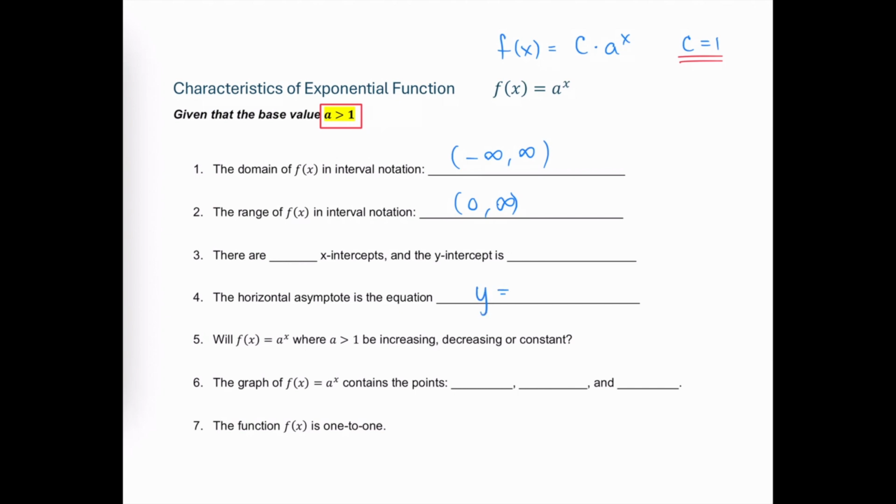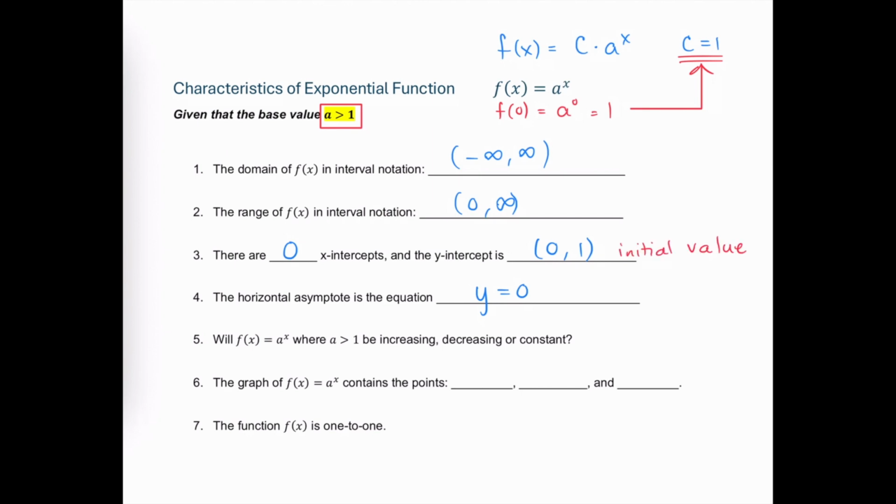Remember, the horizontal asymptote was y is equal to 0, and then the graph was increasing from that point. We didn't have any x-intercepts, and the y-intercept turned out to be the ordered pair (0, 1), which makes sense because when we plug in 0 for x, we get a to the 0, which is 1. Notice that 1 was also our initial value.